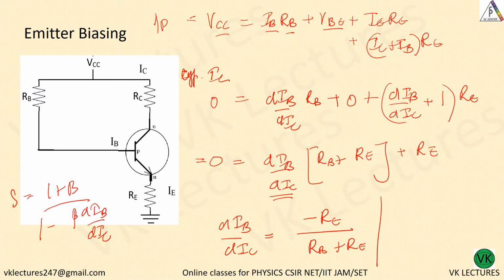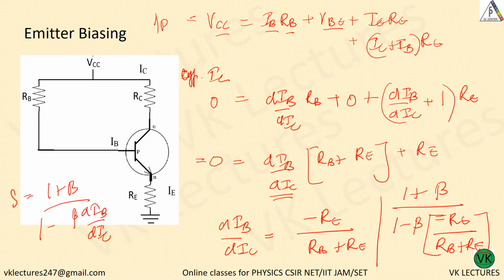So what is that? 1 plus beta divided by 1 minus beta into minus RE divided by RB plus RE. So minus and minus becomes plus. So this quantity is 1 plus beta divided by 1 plus beta into RE divided by RB plus RE. Please make a note of it.